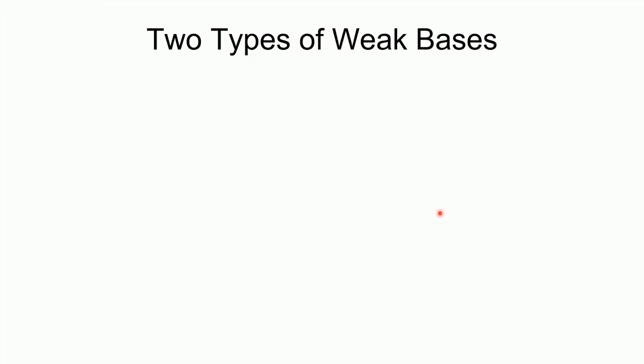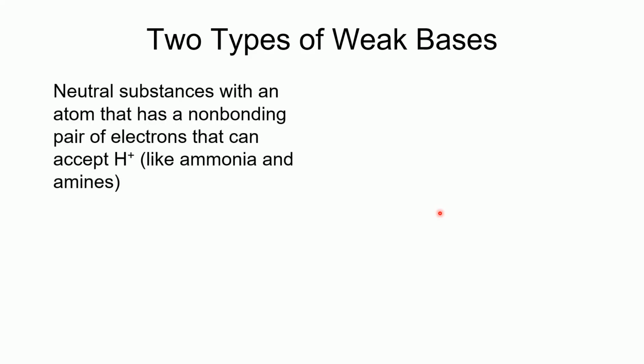Now, we'll find that there are two types of bases that we're interested in. One is going to be neutral bases, like ammonia, the one we just looked at, where there is a non-bonding pair on one of the atoms. Usually it's on nitrogen, but it technically can be on other things as well. And that lone pair of electrons can accept an H+, so it can act as a Bronsted-Lowry base.